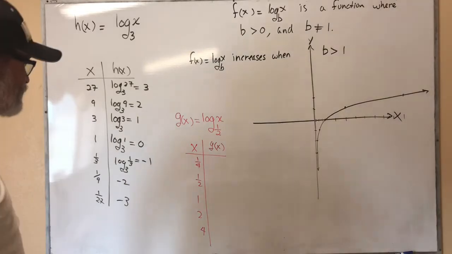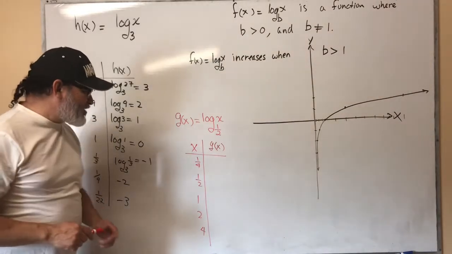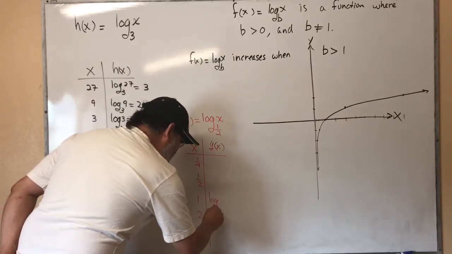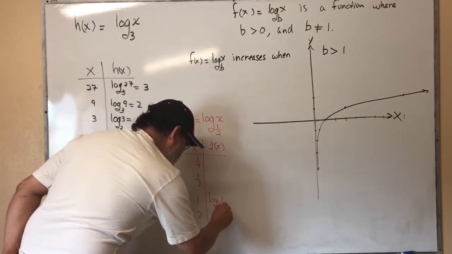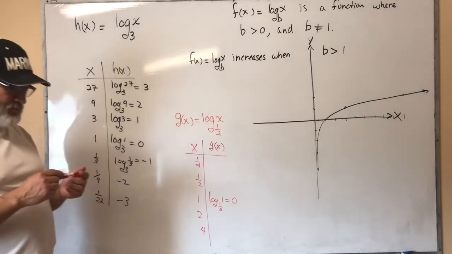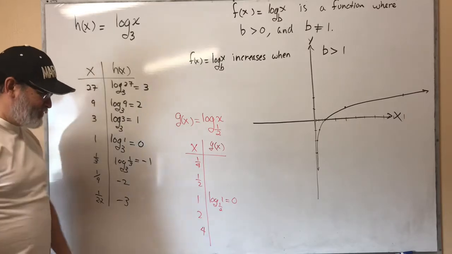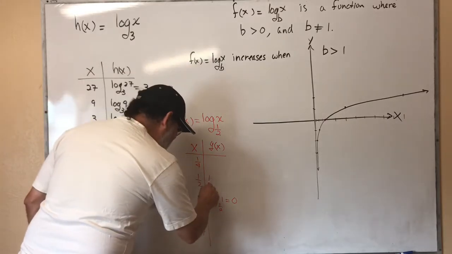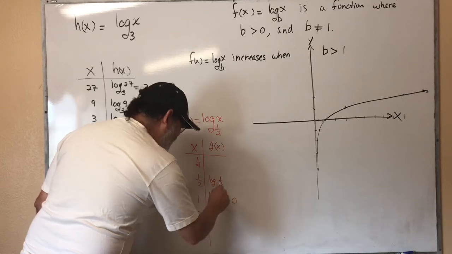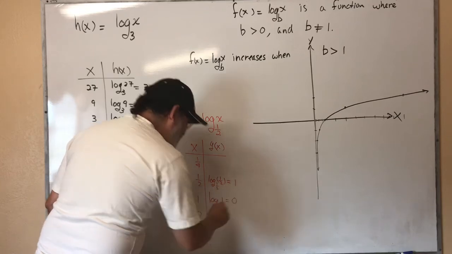Smart values. Why? Because now we can say, what is log base half of 1? Hey, that's 0. What is log base half of half? Hey, that's 1.